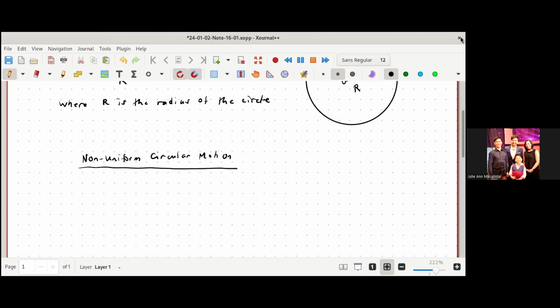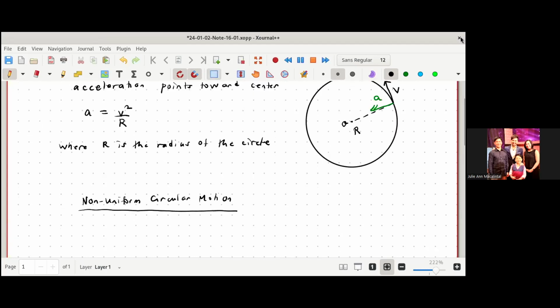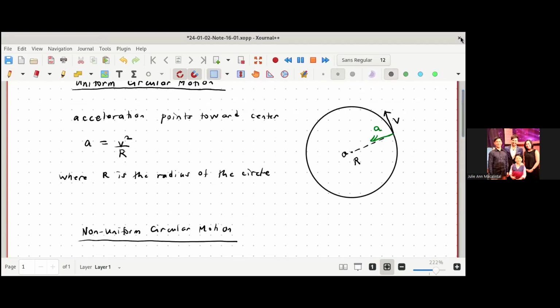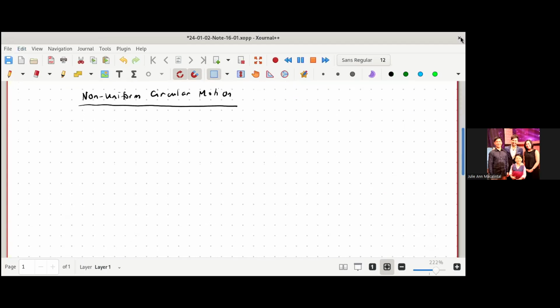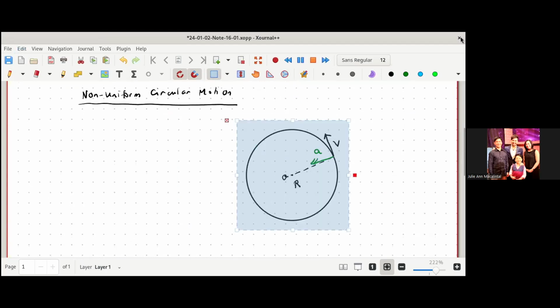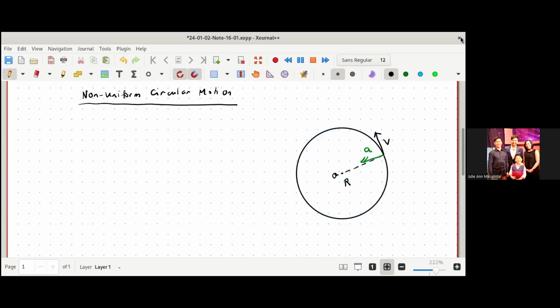May tangential at merong radial, tawagin natin na a sub r. Tapos may tangential, which is ito yung component, a tangential.